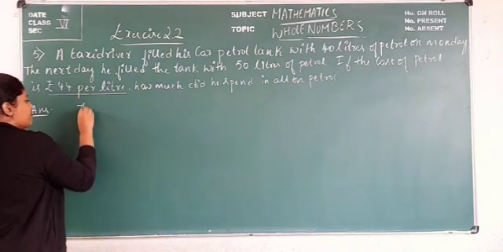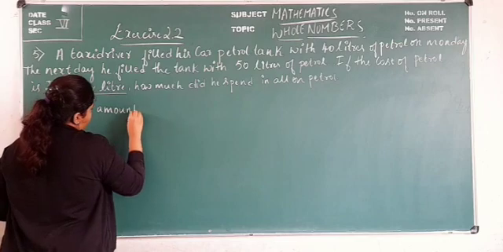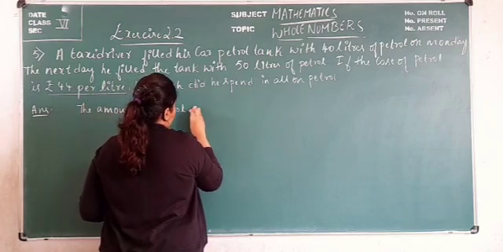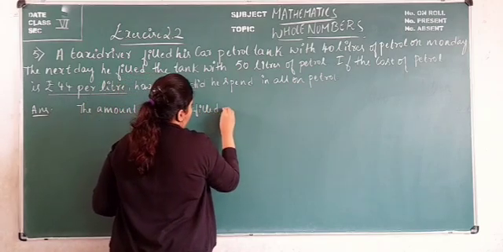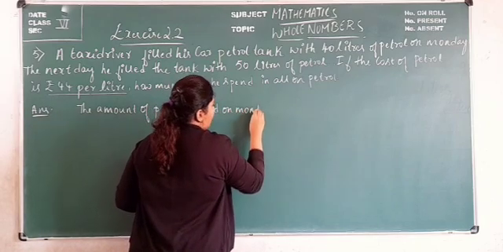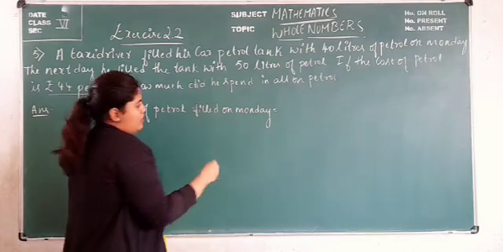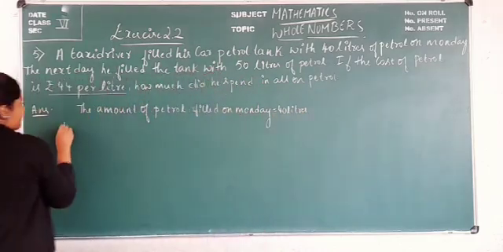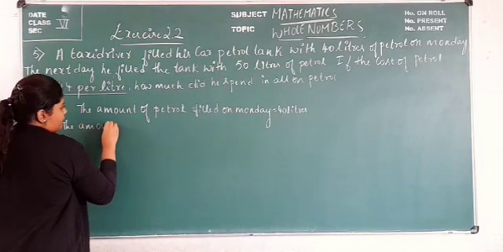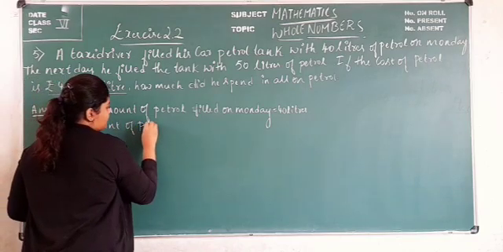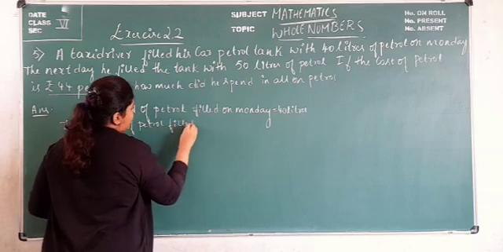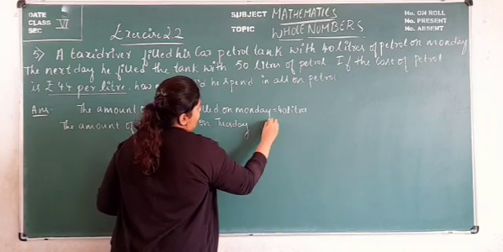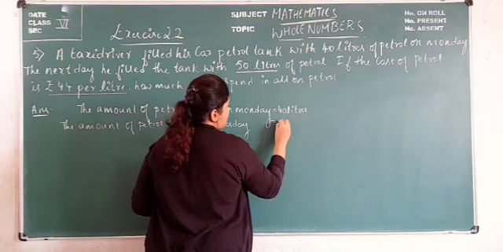The amount of petrol filled on Monday is equal to 40 liters, and the amount of petrol filled on the next day, that is on Tuesday, is equal to 50 liters.